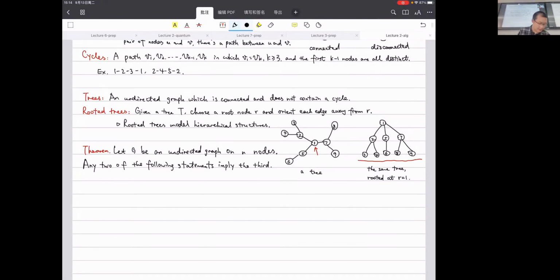What are those? First, G is connected. Second, G does not contain a cycle. Third, G has n-1 edges.